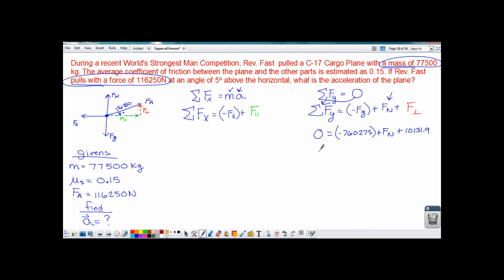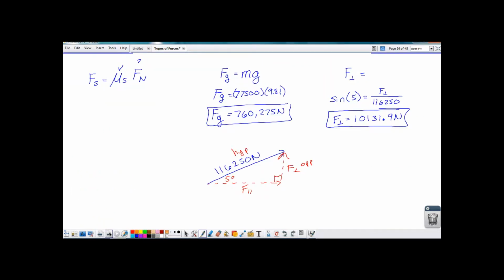Combine these, move them over, and we find the normal force is equal to 750,143.1 newtons. Now we've got our normal force, which is one of the things we wanted to find. We have that for later.